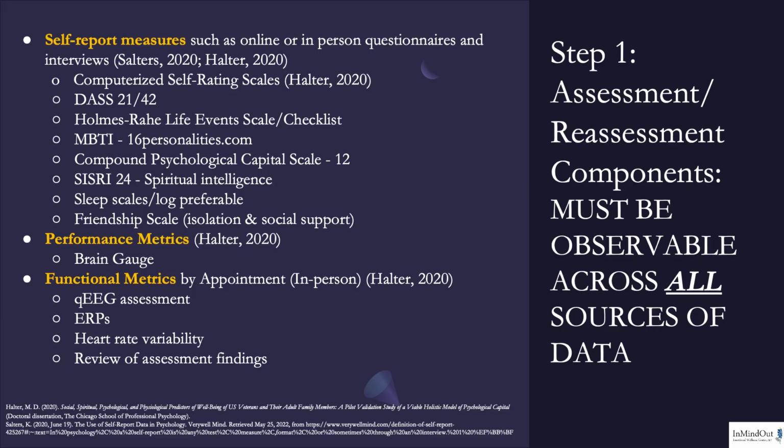And then, of course, the functional measures such as quantitative EEG metrics or EEG morphology and ERPs, heart rate variability metrics, and so forth. All of those have to be constructed so that they tell us something about the individual and let us triangulate those metrics that let us know about the condition of the individual.